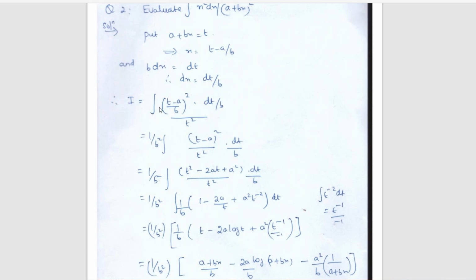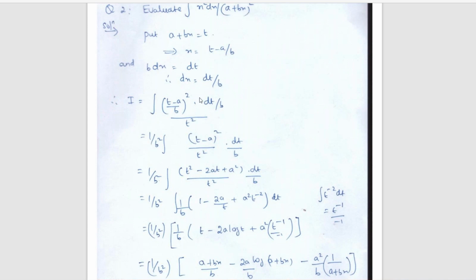So dx is dt by b. Therefore, the given integral becomes, what is the integrand? x square by (a plus bx) the whole square. So what is x? x is (t minus a) by b. So replace it here. You will be getting ((t minus a) by b) the whole square divided by (a plus bx) the whole square.